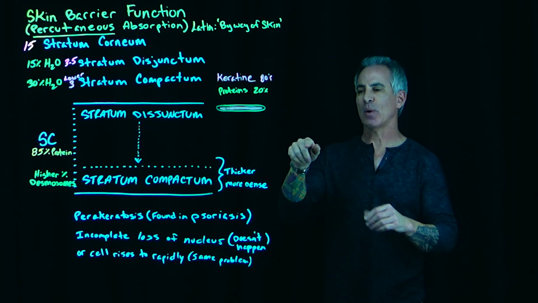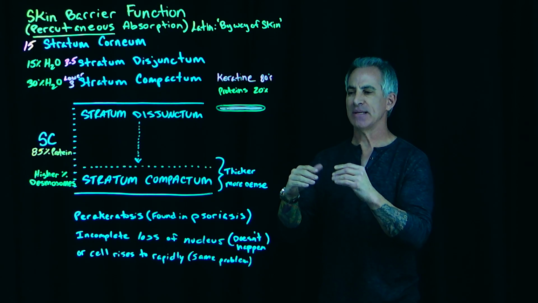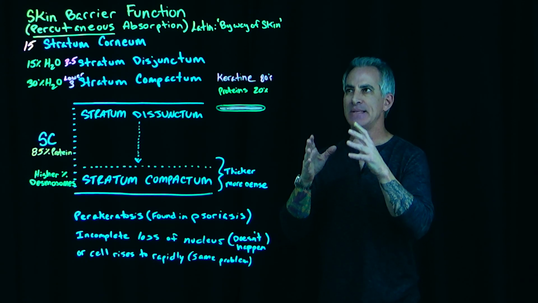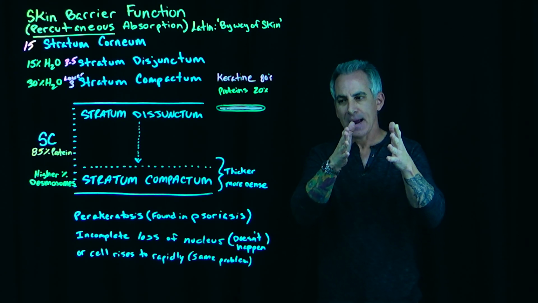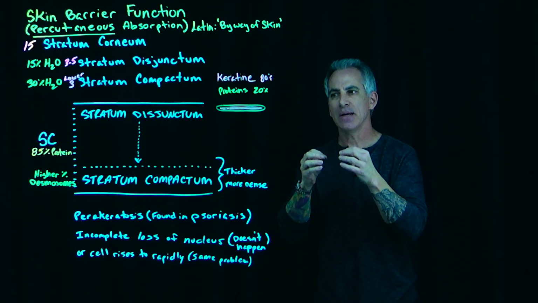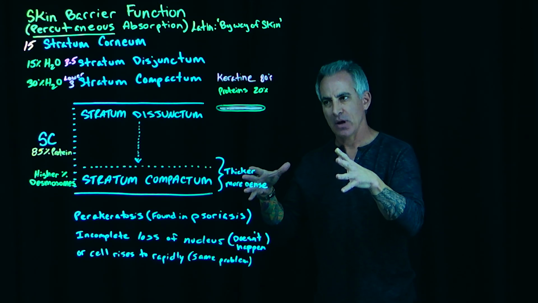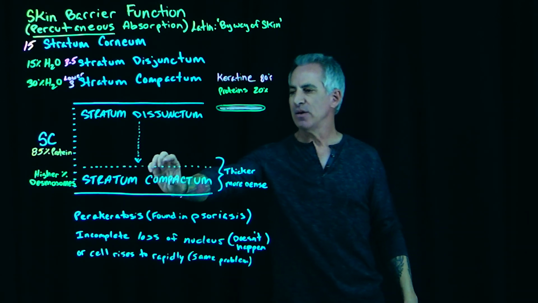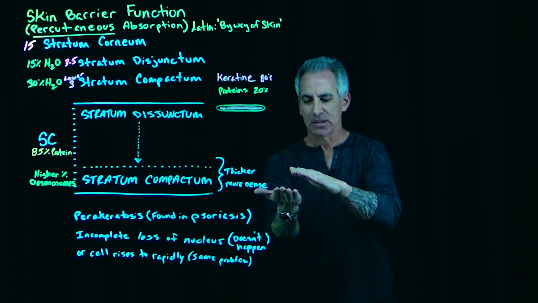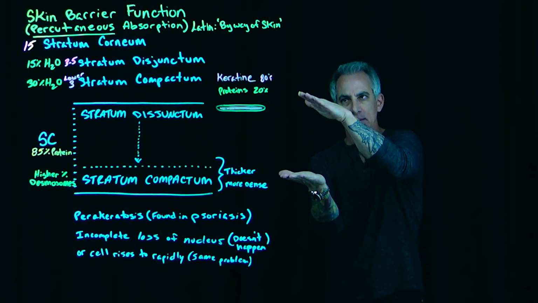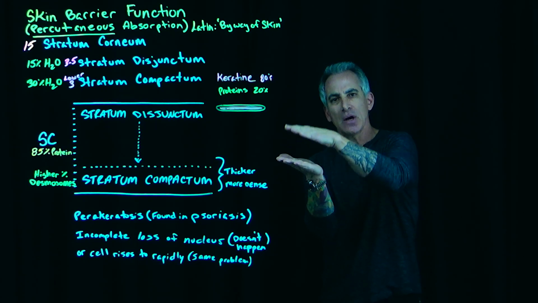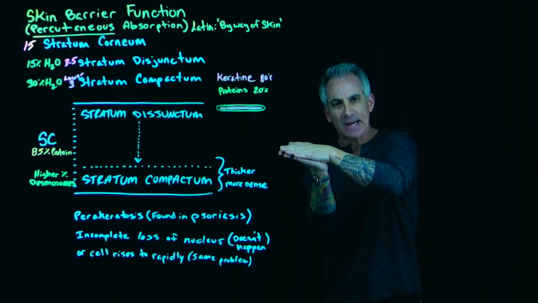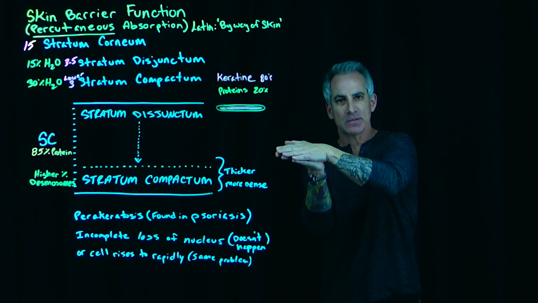The reason why it's important to know the difference is because it's helpful when dealing with acids and understanding the skin better. So how I'd like to describe that is this. The stratum compactum is extremely tight and compact corneocytes that are non-nucleated, extremely tight and full of desmosomes.